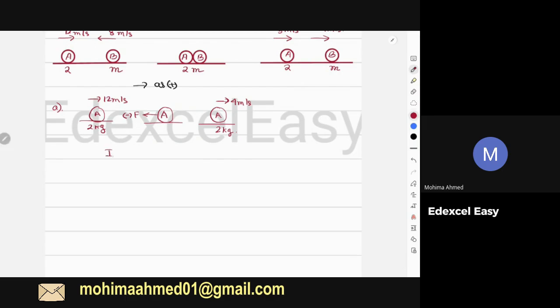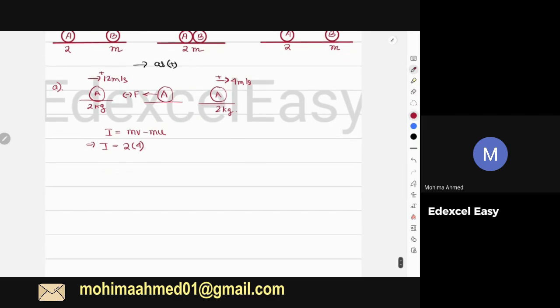So here, I = mv minus mu, which is going to be I = 2 multiplied by 4, because this is positive, right? Over here, all the velocities are positive.